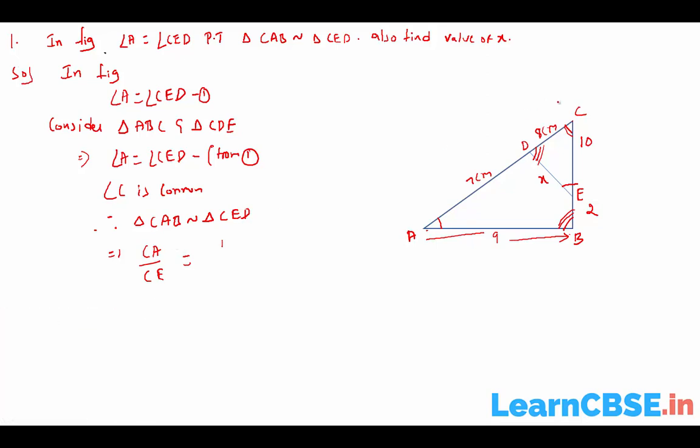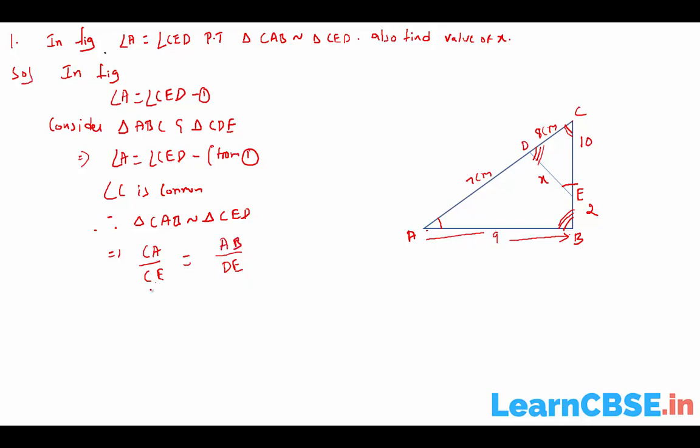Here taking the CA side in the big triangle, then CE side in the small triangle, so corresponding sides. Now I need to find DE, but I wrote it in the denominator for the small triangle, so here also the denominator, because big triangle by small triangle. We have to maintain the ratio properly. So which is opposite to C, and again which is opposite to C is AB.